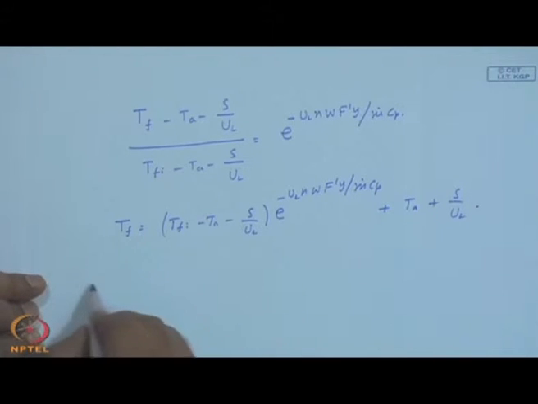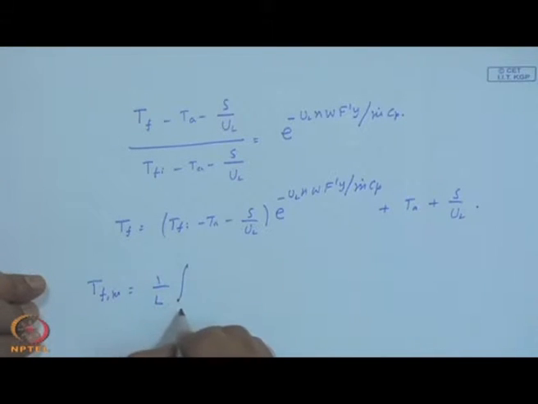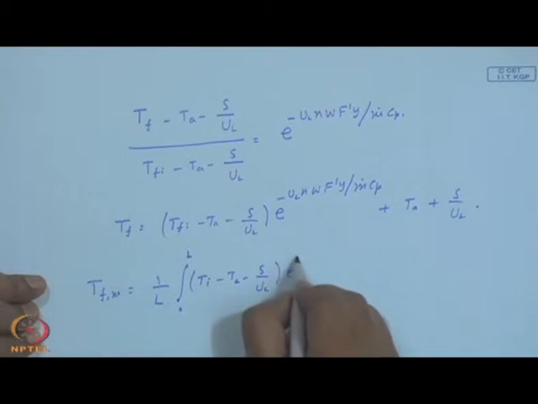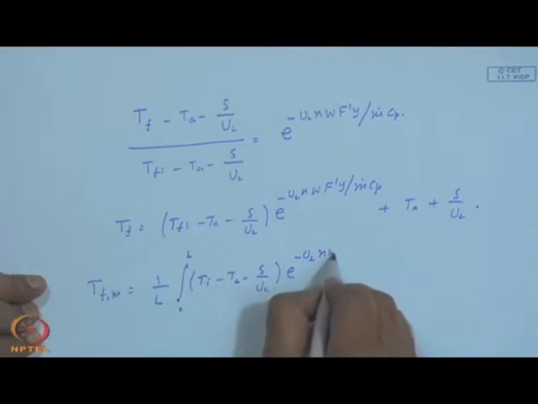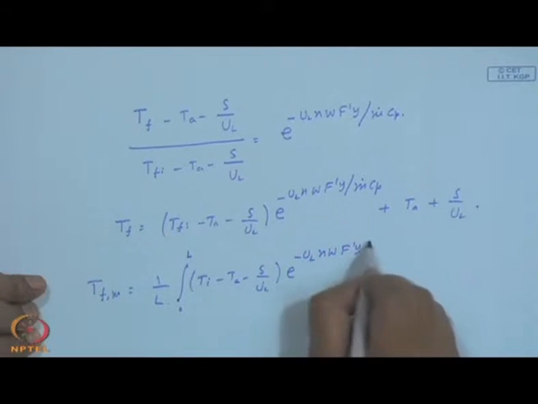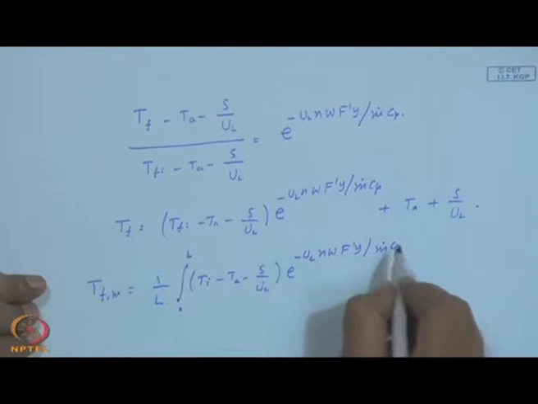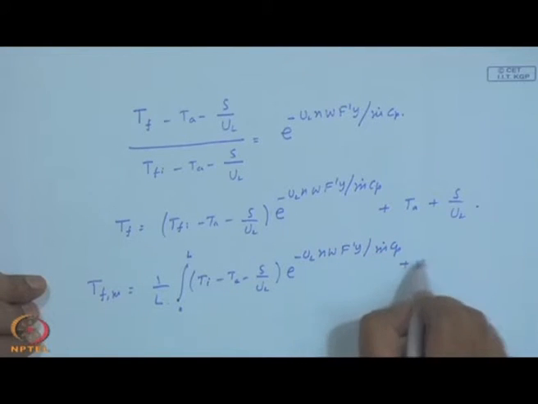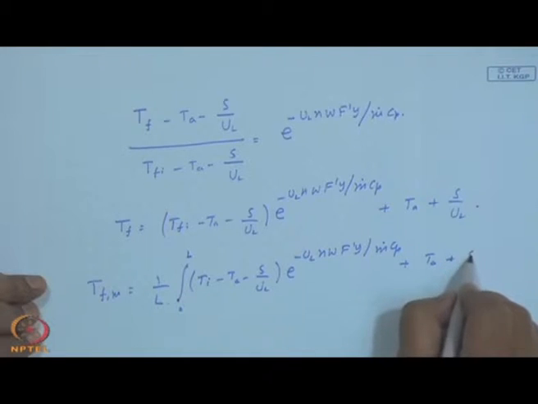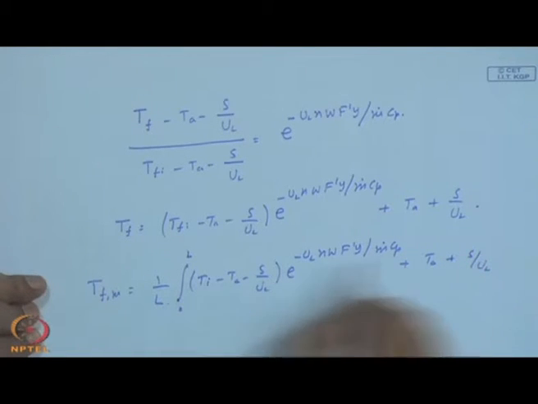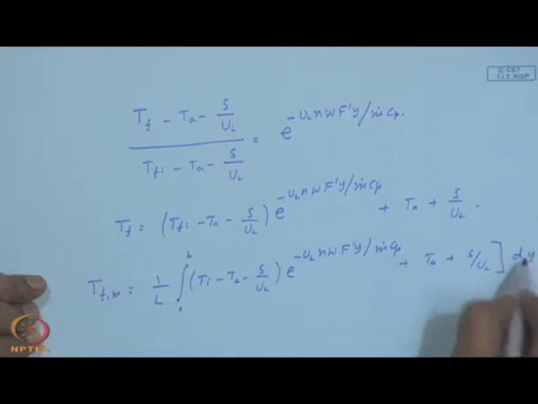So, you put it in this, T f m will be 1 upon L integrated over 0 to L of T f i minus T a minus S upon U L times e to the power minus U L n W F dashed y by m dot C p plus T a plus S by U L, times dy.